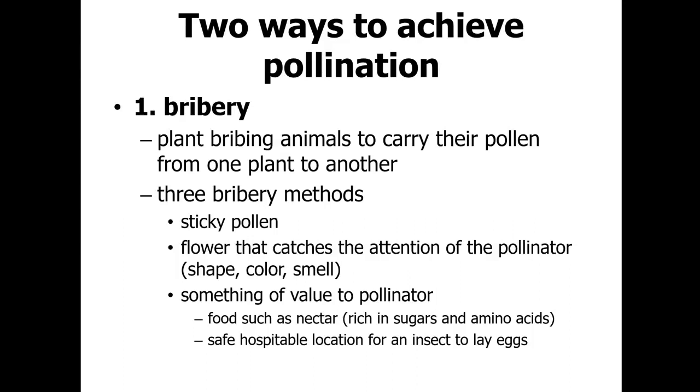It can be the shape, color, or smell, or it might have something of value for the pollinator. Anyway, what's going to happen is the pollen's going to stick to that animal or to that insect, and once it gets what it needs or what it wants, such as food and nectar or a safe location for a time, it'll then go to the next plant, in which it'll take that pollen and fertilize it.